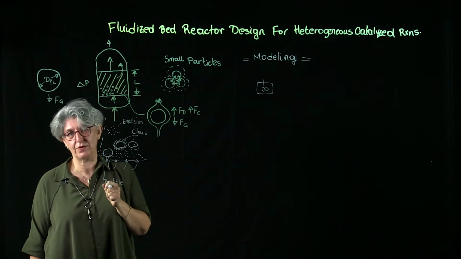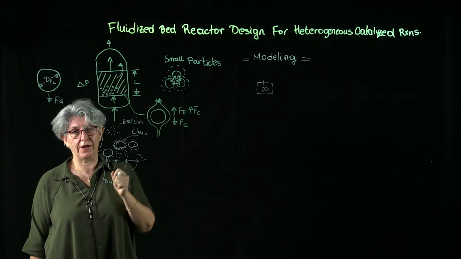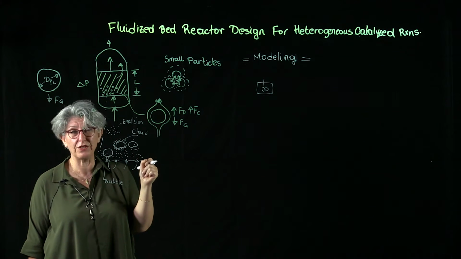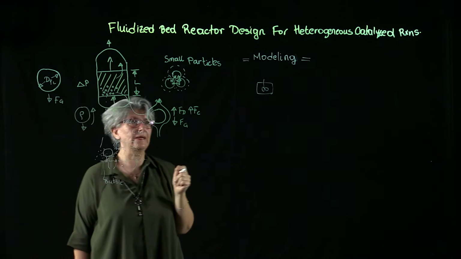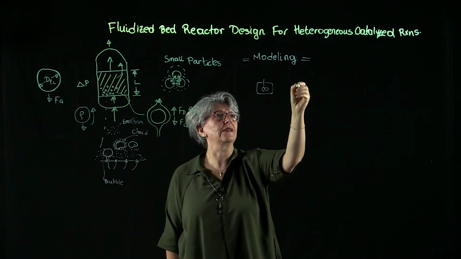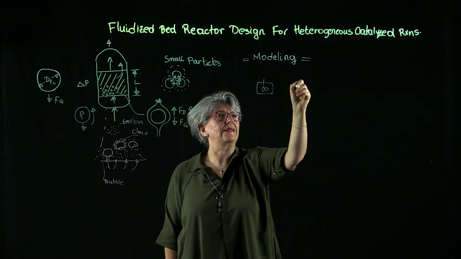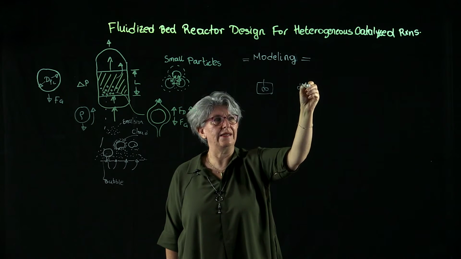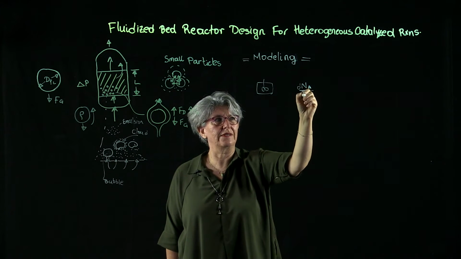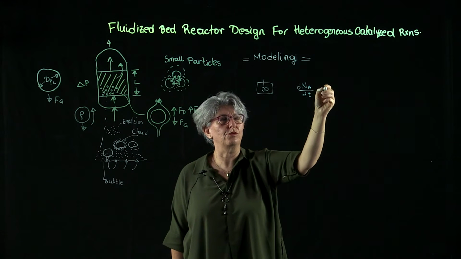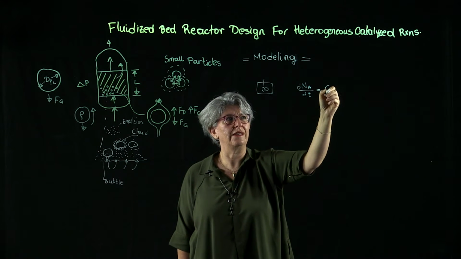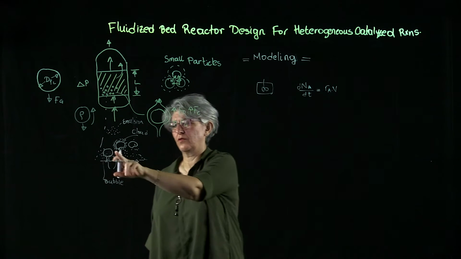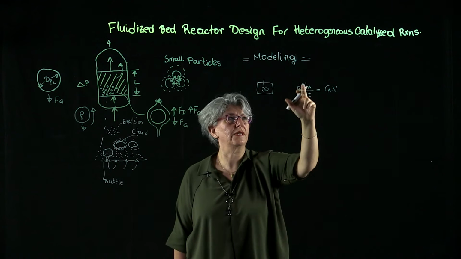What is the design equation for a homogeneous chemical reaction taking place in a batch reactor? dNA over dt equal to RA times V, volume, right?